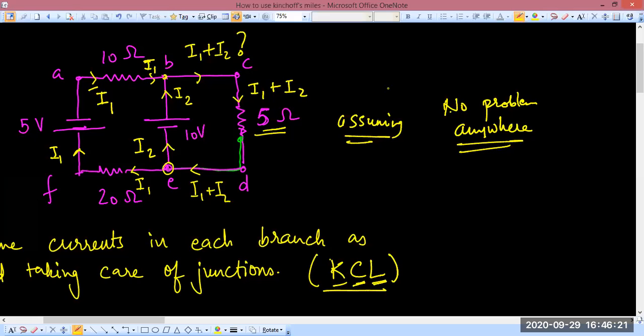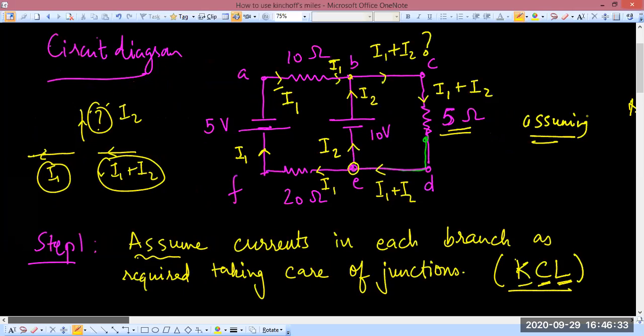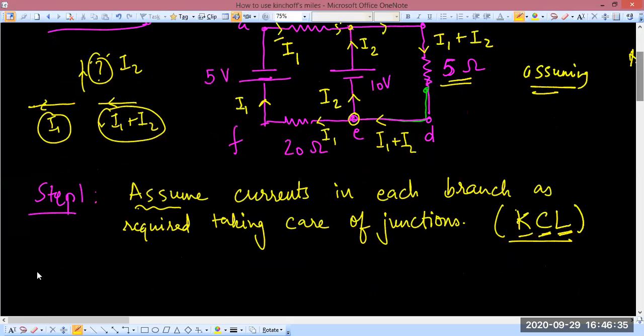If you can do everything and there is no problem anywhere, then that would mean that all the current distribution is correct. By the way, this step one is called current distribution, right? This step one means you are doing current distribution, right?